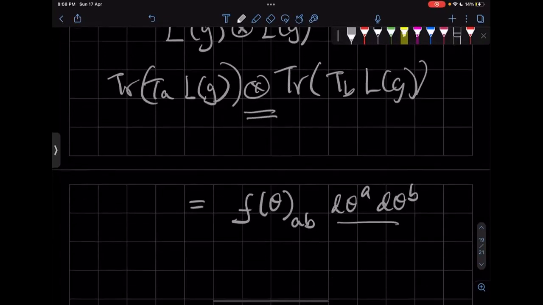Then we have what is called a metric tensor.